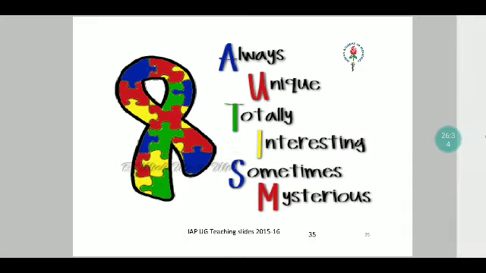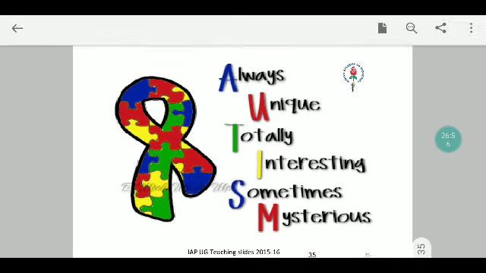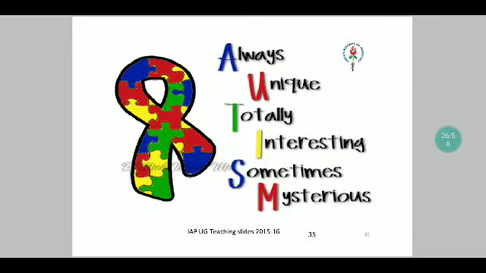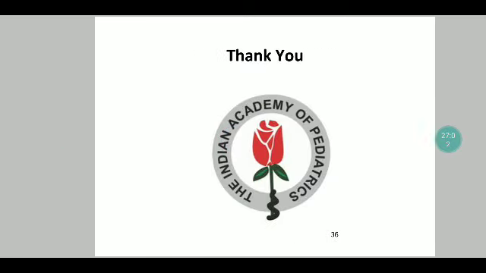So as far as this message is concerned, we should try to be kind and empathetic towards any child with autism or to any parents with autistic children. Autism is definitely curable. There is no definitive cure, but early interventions do help in improving the outcome of autism. And as far as bringing these children mainstream is concerned, it requires an extra amount of special affection and care, and requires individualized attention and an individualized approach.